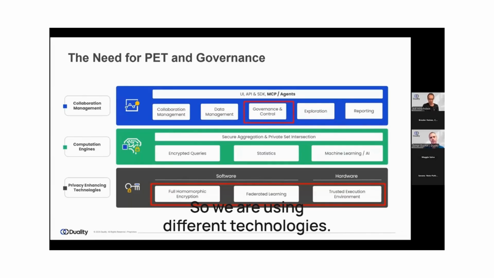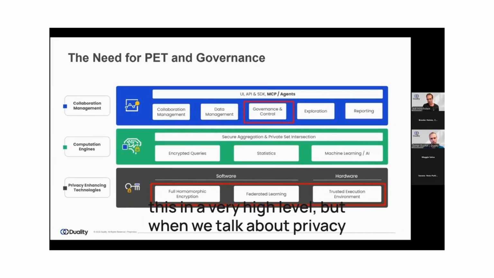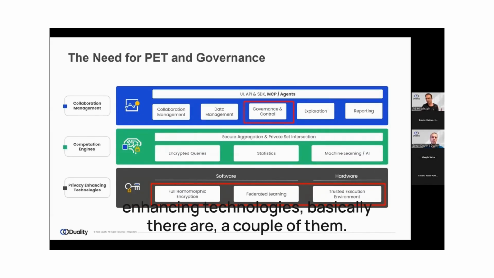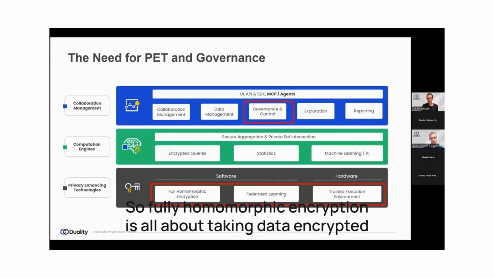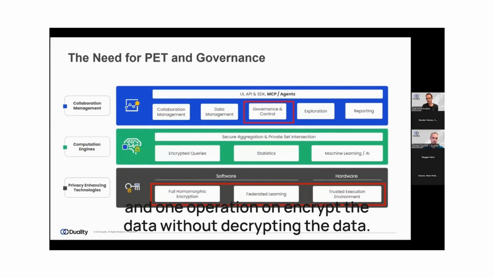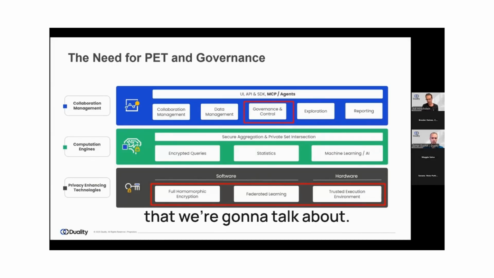So we're using different technologies. I guess that most of you here in the webinar are aware of this at a very high level. But when we talk about privacy enhancing technologies, basically there are a couple of them. The first one is fully homomorphic encryption. Fully homomorphic encryption is all about taking encrypted data and running operations on it without decrypting the data. So it's very secure, post-quantum, and this is one of the PETs that we're going to talk about.